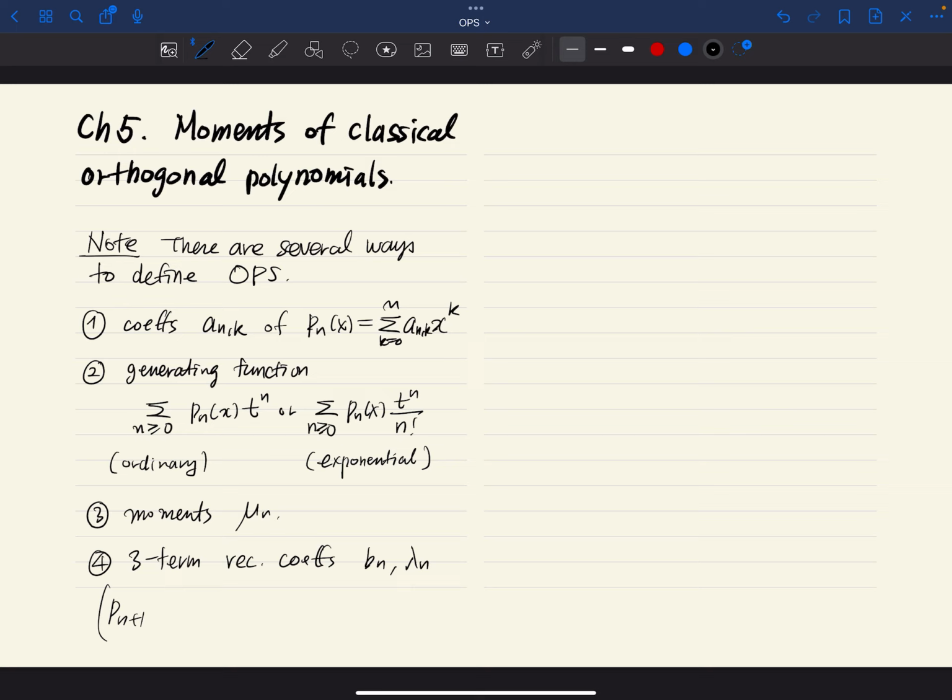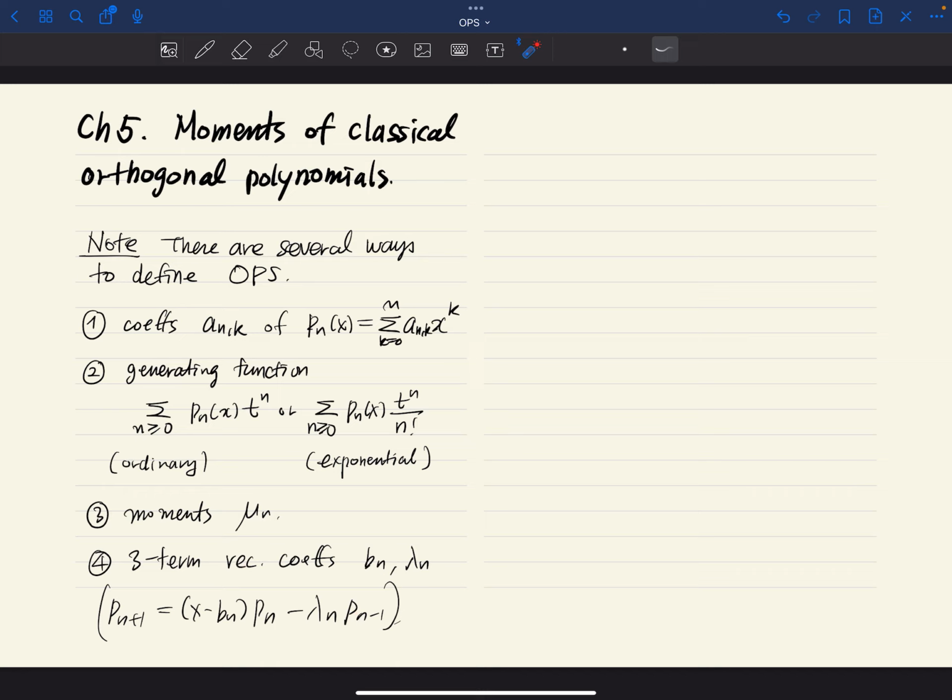Just to recall, the orthogonal polynomials must satisfy a three-term recurrence like this. If we know these coefficients, then we know the recurrence. The initial condition is always P_{-1} is 0, P_0 is 1, so we know the polynomial. So sometimes we will give an OPS using just an explicit formula, or sometimes a generating function, or sometimes moments, or sometimes just b_n and lambda_n. And any of these will completely determine the polynomials.